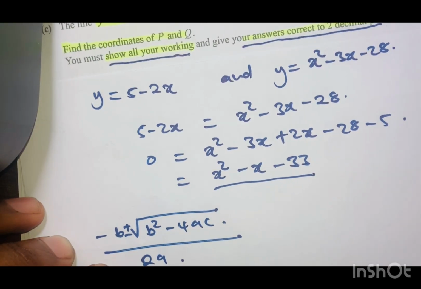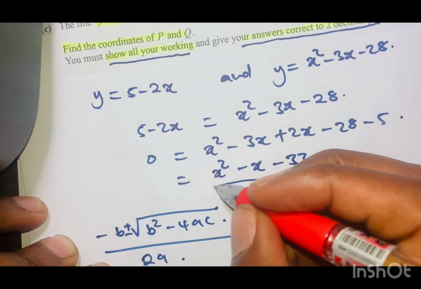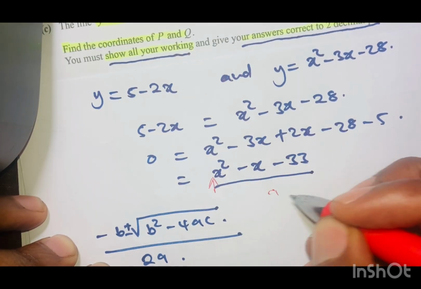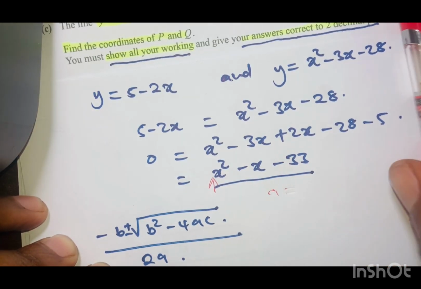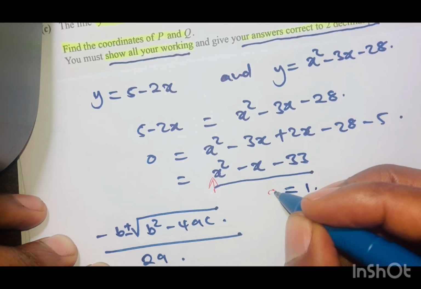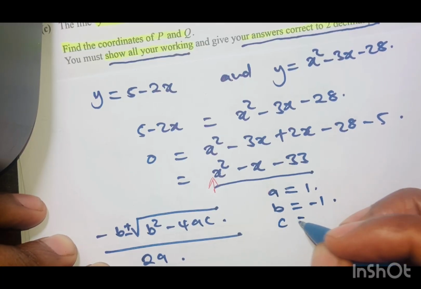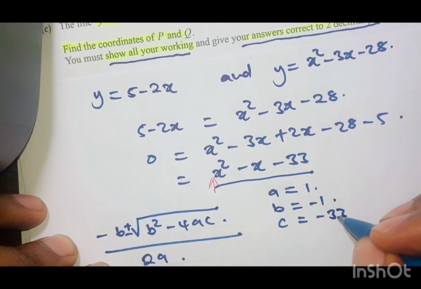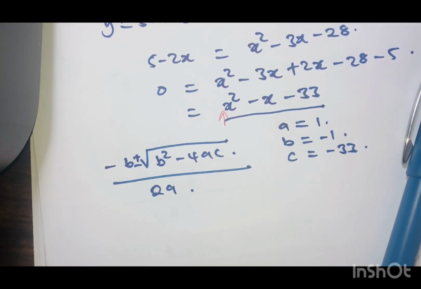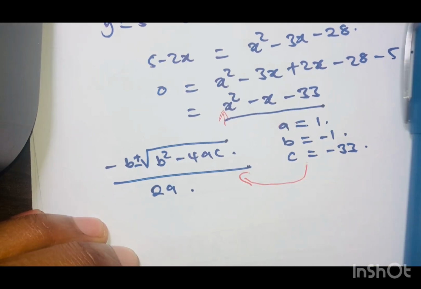So to substitute what I have in this equation, knowing that a is equivalent to 1, b is equivalent to -1, c is equivalent to -33. So I'll substitute these values into the quadratic formula.